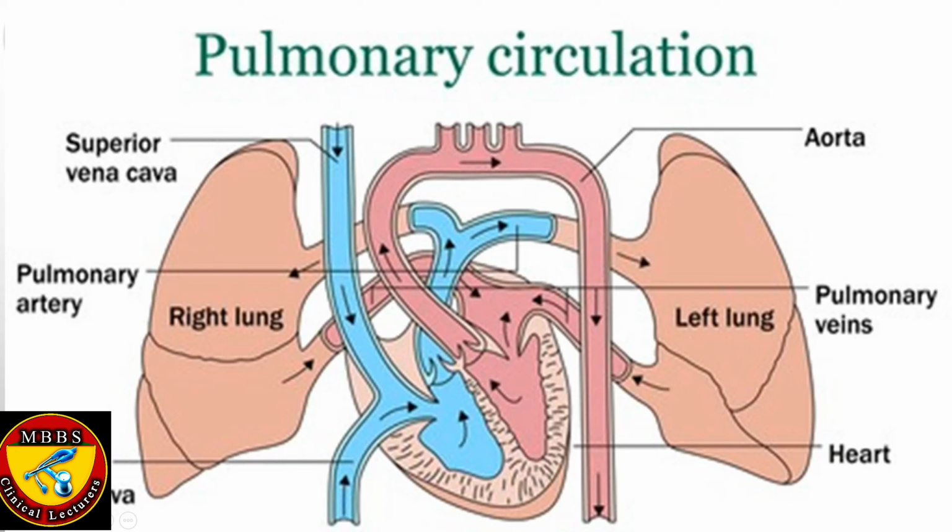The right side receives the deoxygenated blood from the superior and inferior vena cava, and then it passes through the pulmonary artery. Please remember the anatomy of this pulmonary artery, how it is bifurcating. Then this deoxygenated blood goes to both the lungs, where the blood is oxygenated and returned to the left side of the heart and then goes into the systemic circulation.